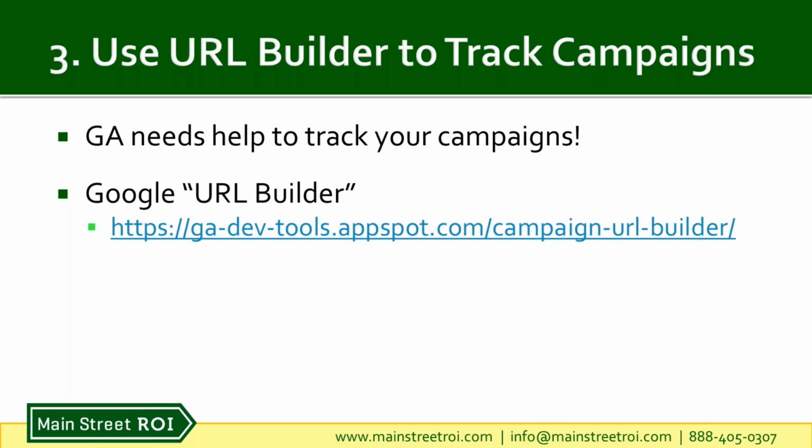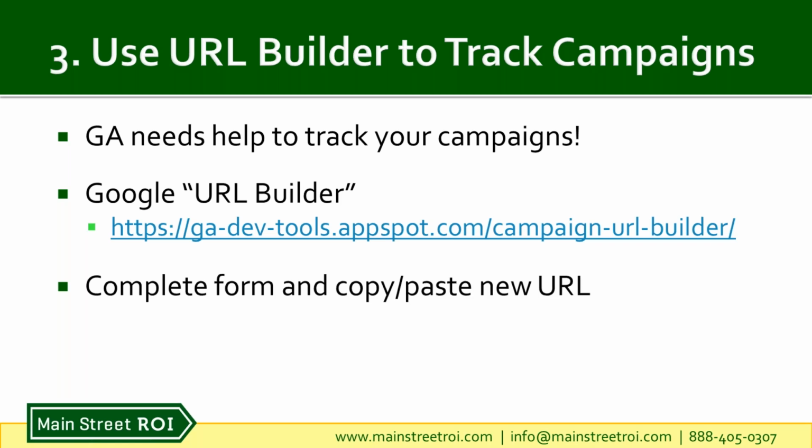Now, if you go to google.com and just Google URL builder, you'll find a very ugly long link, which I have here. That's the best way to find it. Just go to Google, type in URL builder or Google Analytics URL builder, and the full name is campaign URL builder. You can see that in the URL.